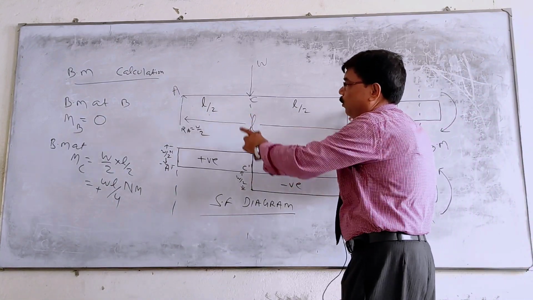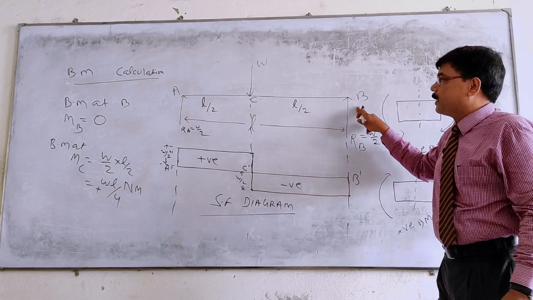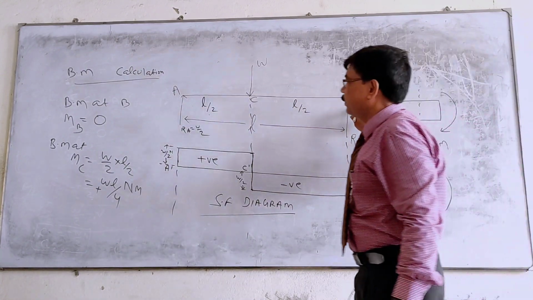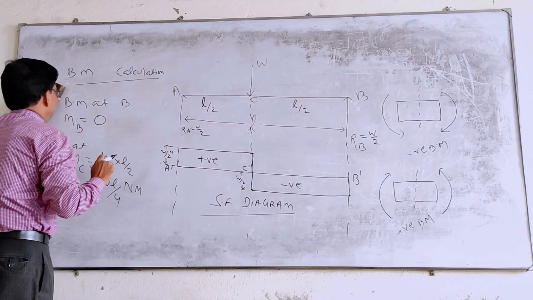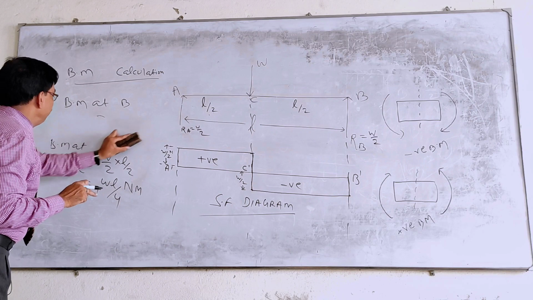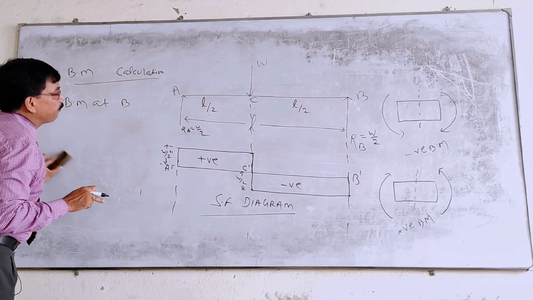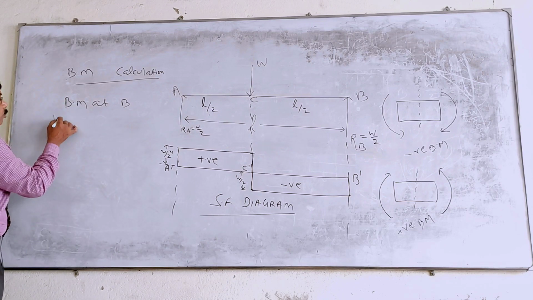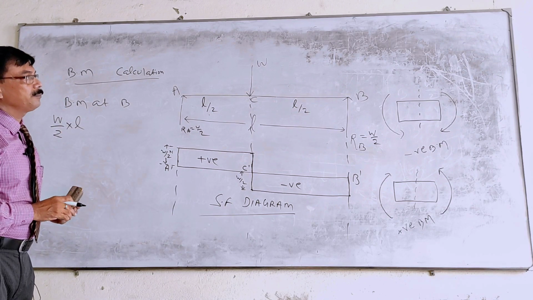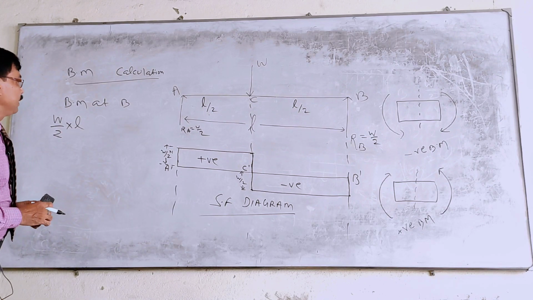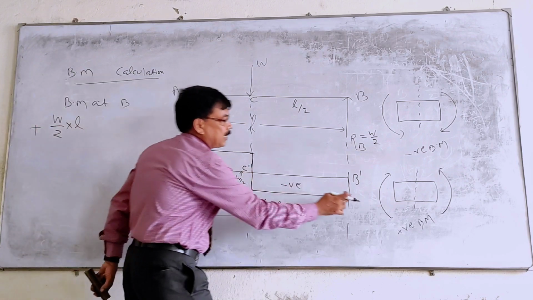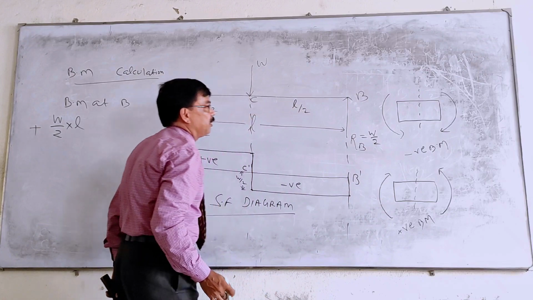So the W/2 load value and the distance is L. W/2 into L. The sign is positive because left of the section clockwise is positive.